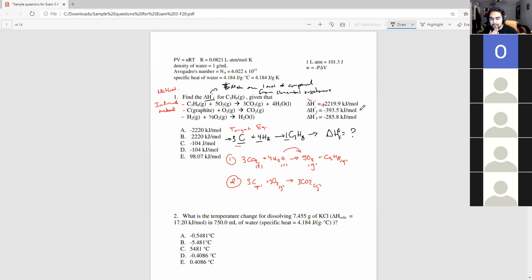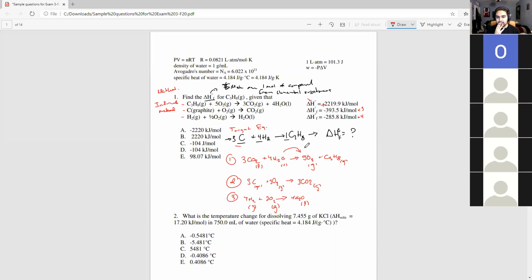You also multiply it times 3. And then our last one, what do I have to do? Multiply it times 4. So 4H2 plus 2O2 yields 4H2O liquid. And I multiply this one by 4.